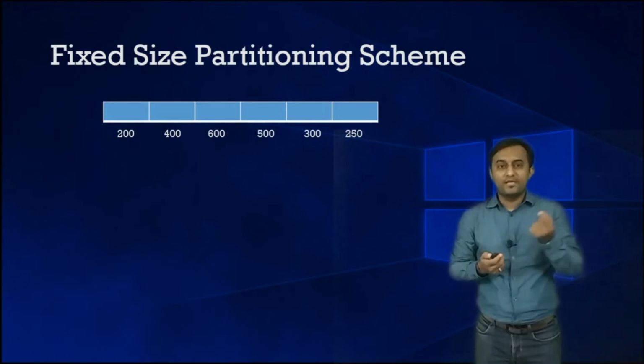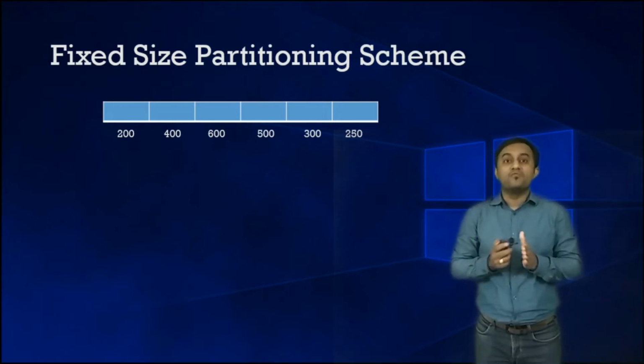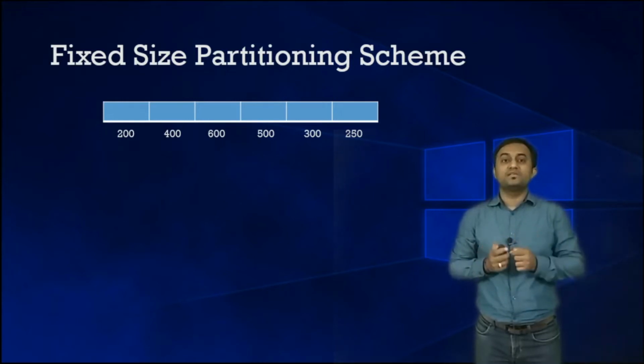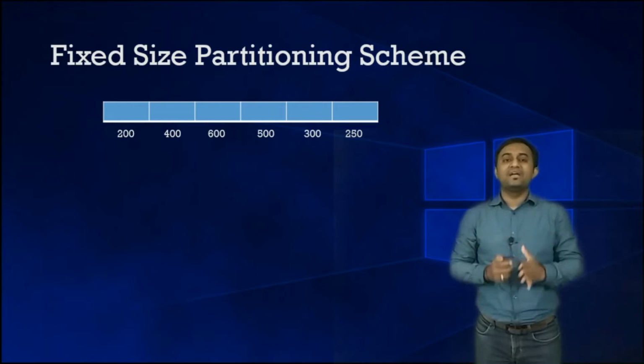But once you accommodate that 200 KB out of 400 KB, the remaining 200 KB would be wasted. And that wasted memory in that particular partition is nothing but internal fragmentation. So fixed size partitioning scheme always suffers from internal fragmentation. So let us discuss these three algorithms with the help of one example.